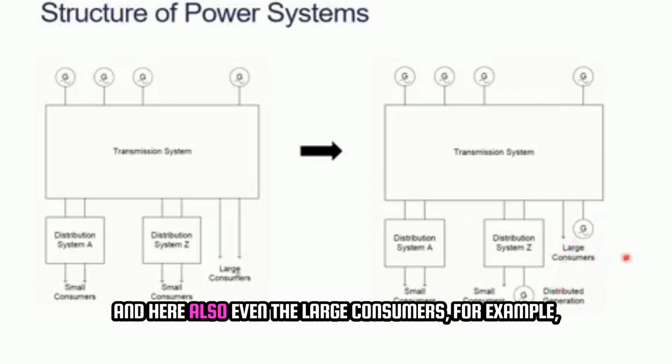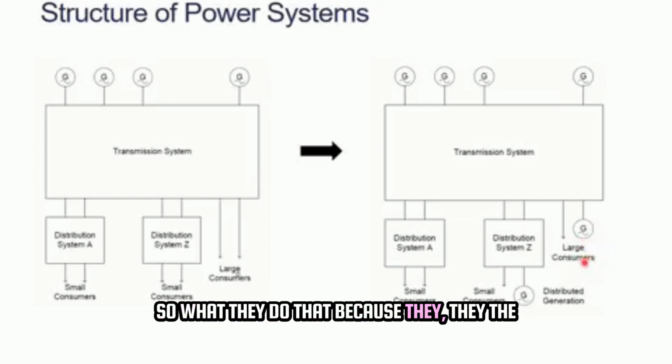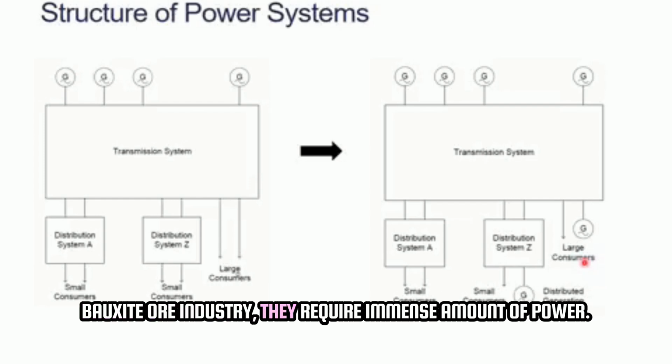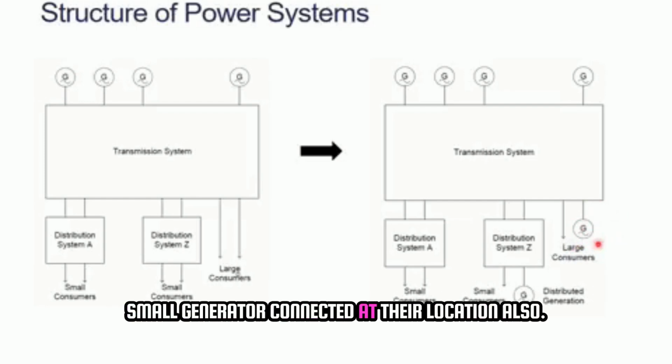Here, even the large consumers, for example, I don't know if you know this or not, in most of the aluminum or bauxite ore industries, they have their own generators installed at their plant location. Because the bauxite ore industry requires an immense amount of power, and even the cement industries also, they have a small generator connected at their location.